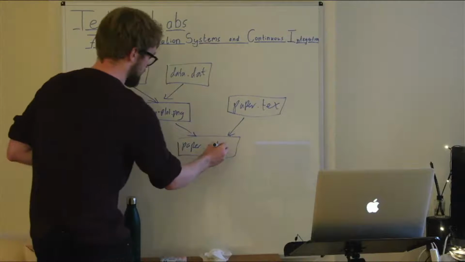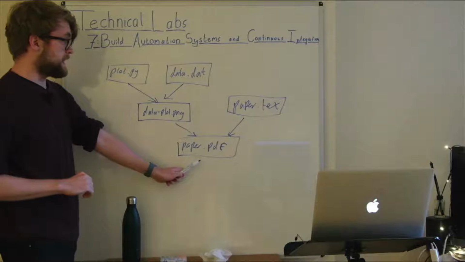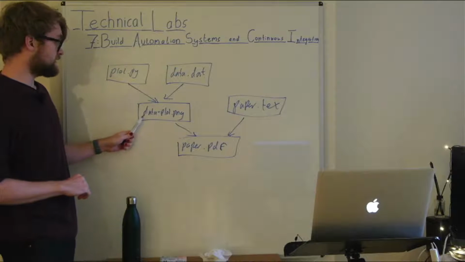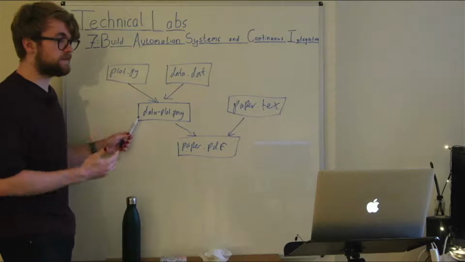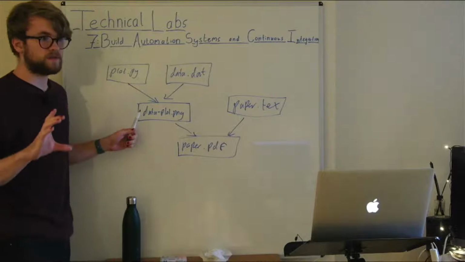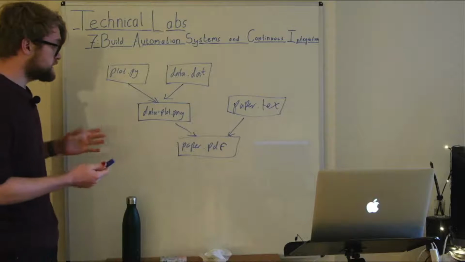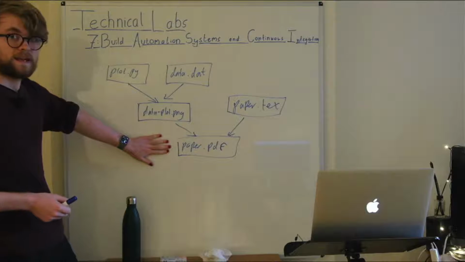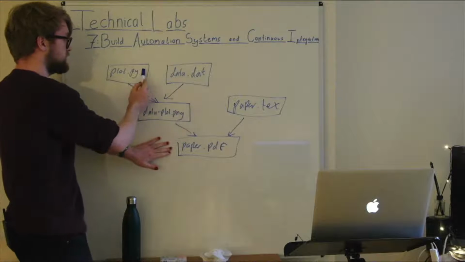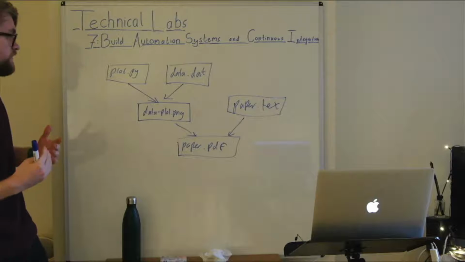Okay? And then we also have paper.pdf. That is an F, believe it or not. So this is the final document we want to make, and this requires paper.tex, so that's one of its dependencies, and this other target. So a target itself can be a dependency, because I want to put this plot into my paper. And what the build system will do is, if I say I want to build this, it will search up the tree until it finds all of the furthest up dependencies that are actually just files.